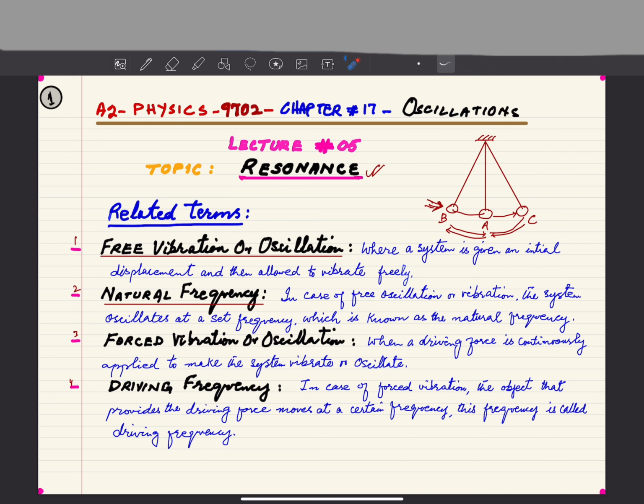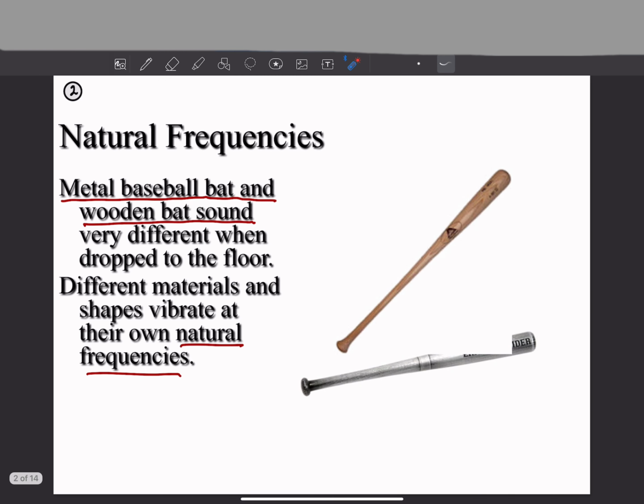Inshallah, in the next part, this is lecture 5, resonance, and I am writing here part 1, where we have explained resonance. First of all we explained free vibration, natural vibration or natural frequency, and then forced vibration and driving frequency, and then the concept of resonance.